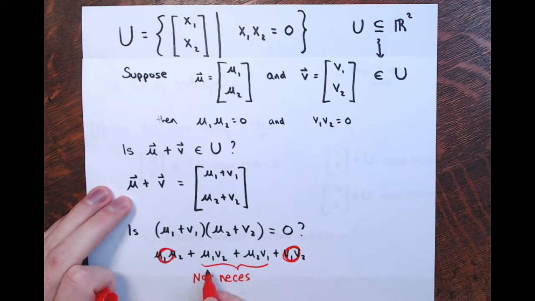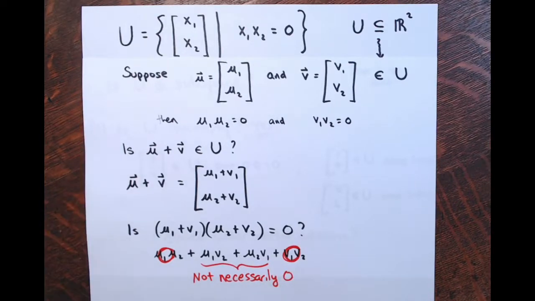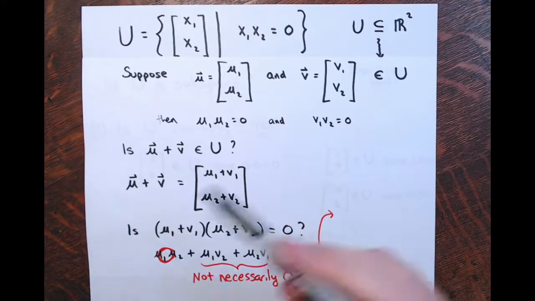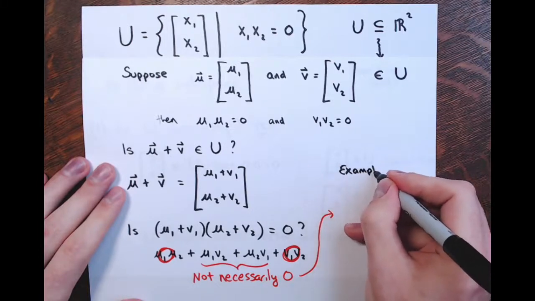What if u1 and v2 aren't 0? Then we have a non-zero term here. So this is not necessarily 0. And then you've got to show me a counterexample, right? You just need to find one example where this does not end up being 0.